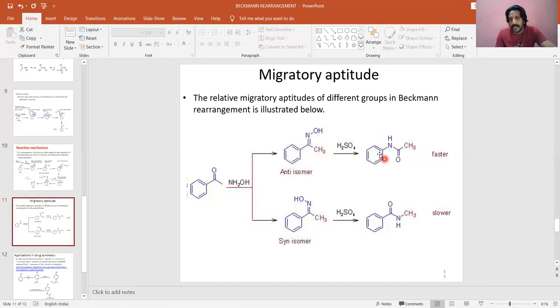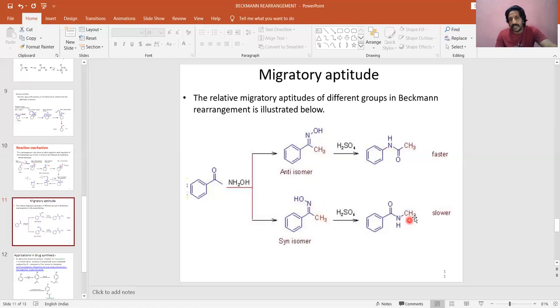Look at here, the aryl group is connected to nitrogen, and this particular amide has a structure where the aryl group is directly connected to nitrogen. Now, which one is the group opposite to the hydroxyl group? Here, CH3 is anti to the hydroxyl group. So CH3 has to migrate to nitrogen.